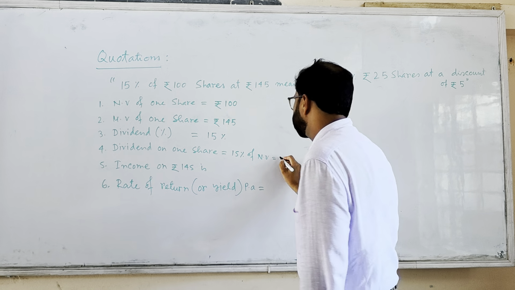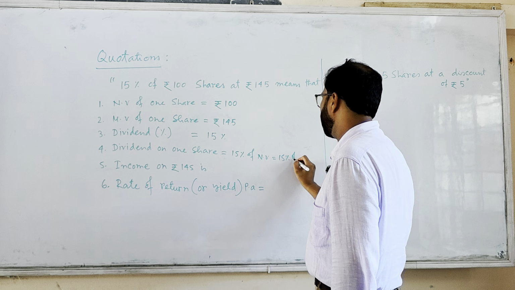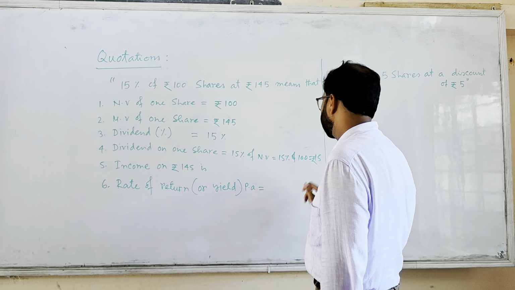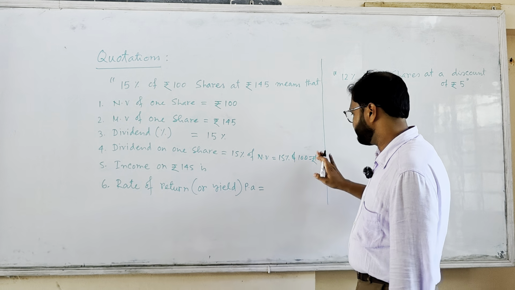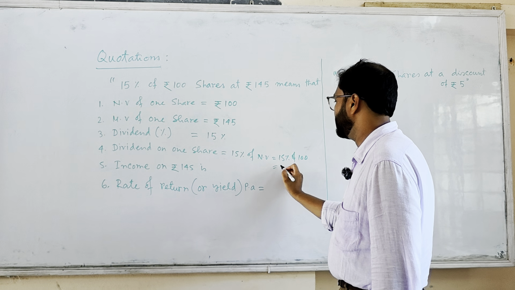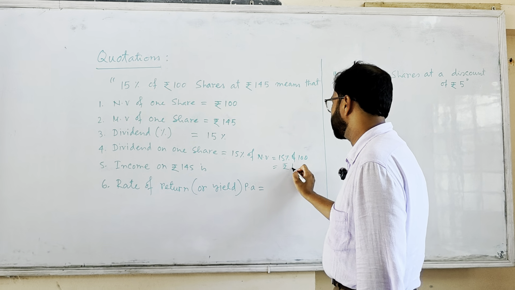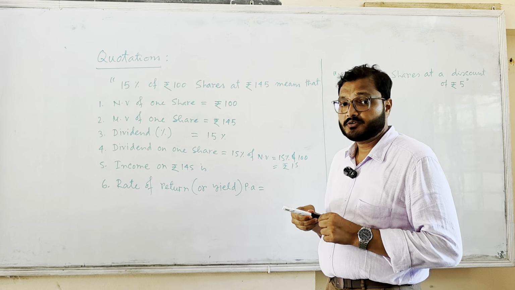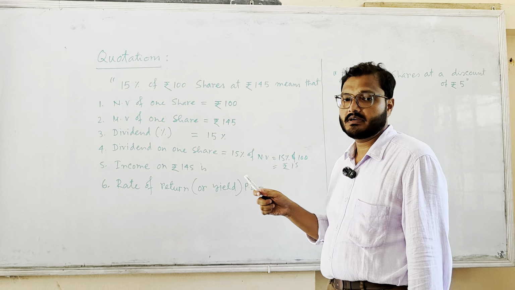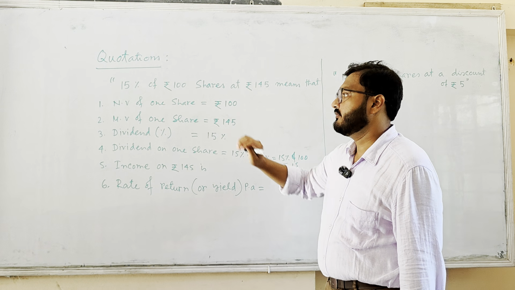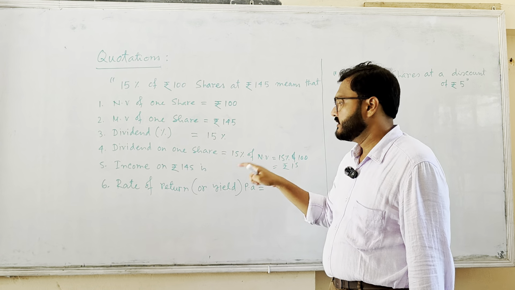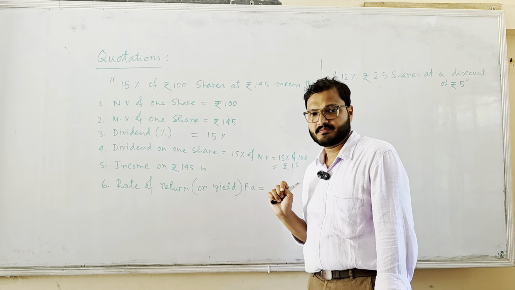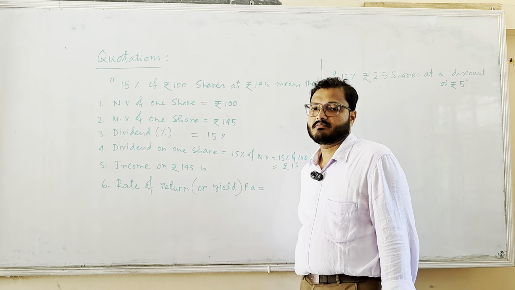So 15% of 100 is equal to rupees 15. I told you, the dividend is always calculated on the nominal value, not on the market value. So it is 15% of the nominal value, that is 100, so rupees 15. Now the income.